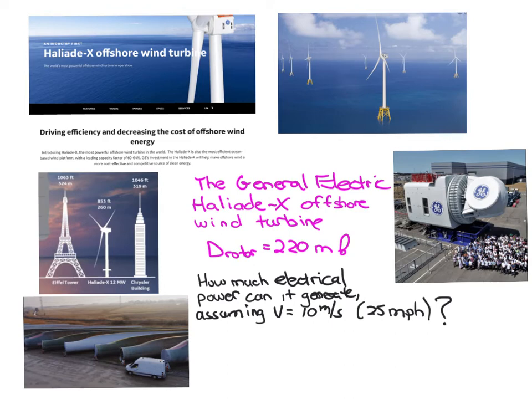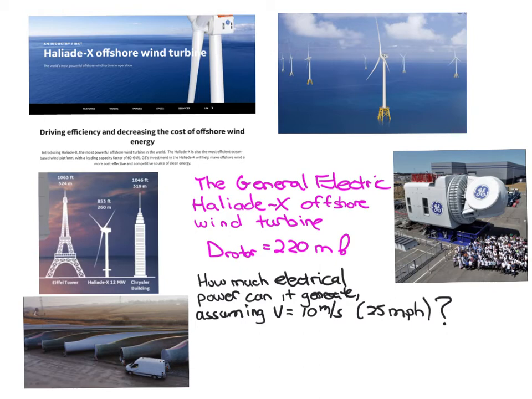Okay, so here's an example featuring the current state of the art, which is really quite amazing. General Electric, which used to make electrical turbines powered by steam, has now gotten into the business of making electrical turbines powered by wind. And the scale of these things is just enormous. They're designed to be located offshore, near the coast, where the winds are steady, and we can build very tall structures.